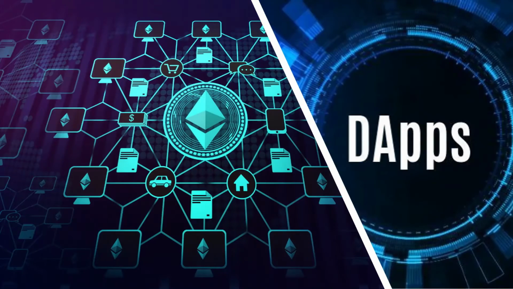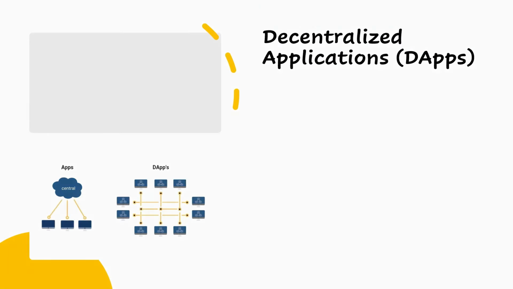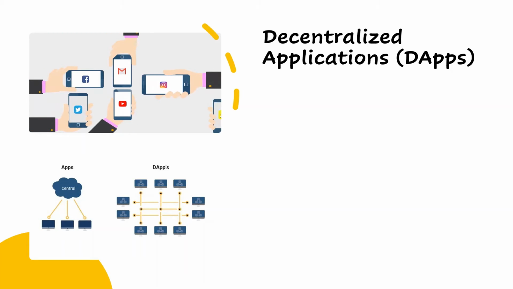So let's try to understand what are dApps. DApps stands for Decentralized Applications. In the real world there are a lot of applications like YouTube, Instagram, Facebook, WhatsApp, and many others.